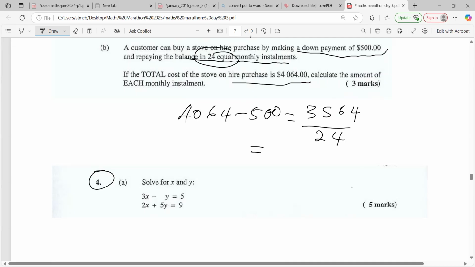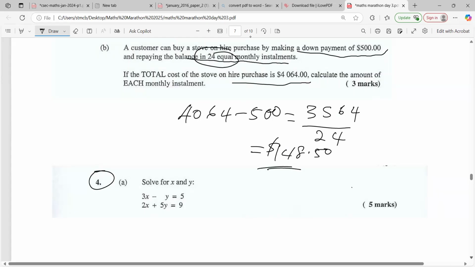That wasn't bad at all. The final answer, let's see, is $148.50. All right, cool. That one wasn't so bad, guys.